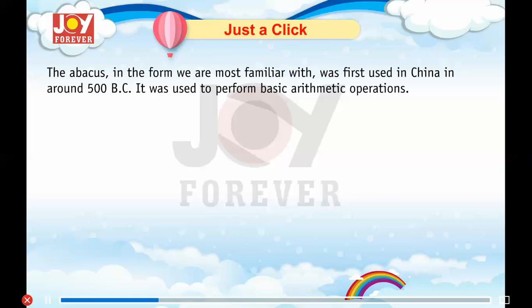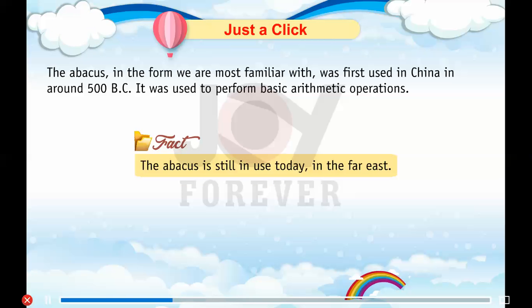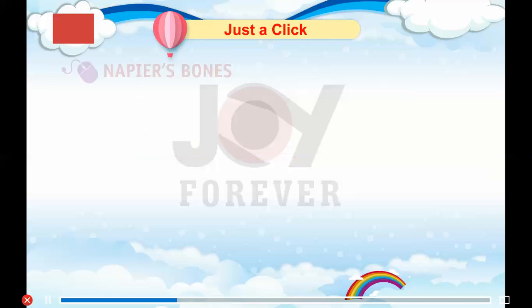The abacus, in the form we are most familiar with, was first used in China in around 500 BC. It was used to perform basic arithmetic operations. Fact: the abacus is still in use today in the Far East.